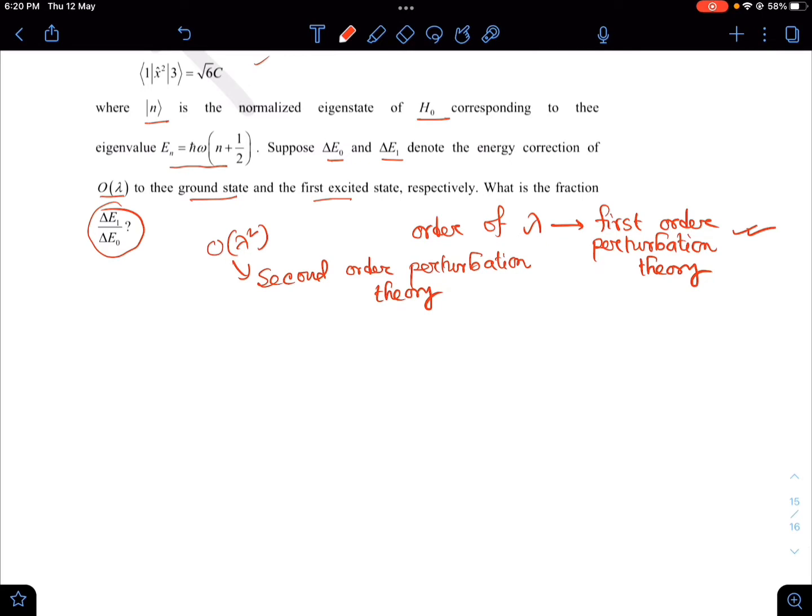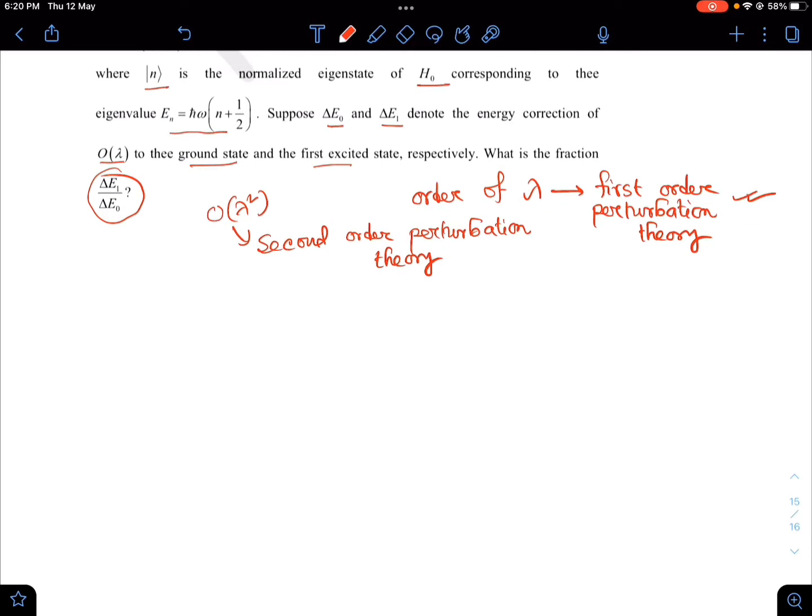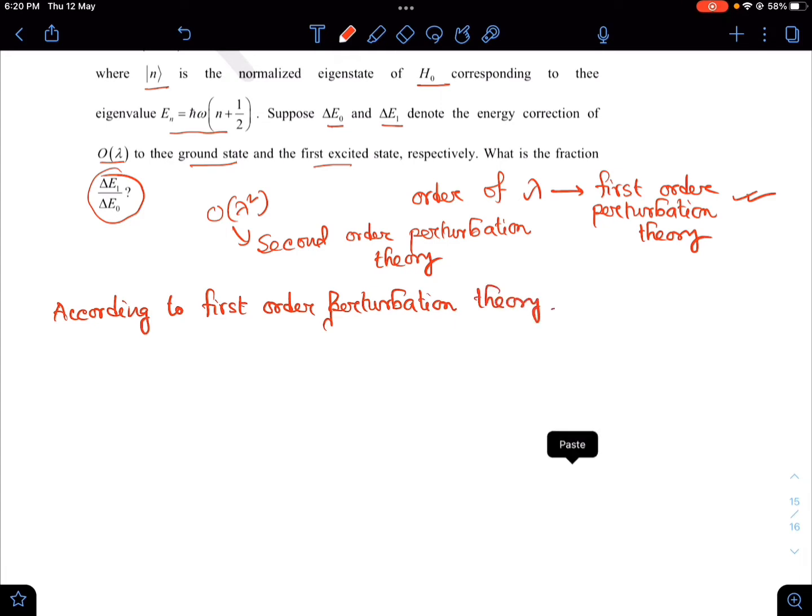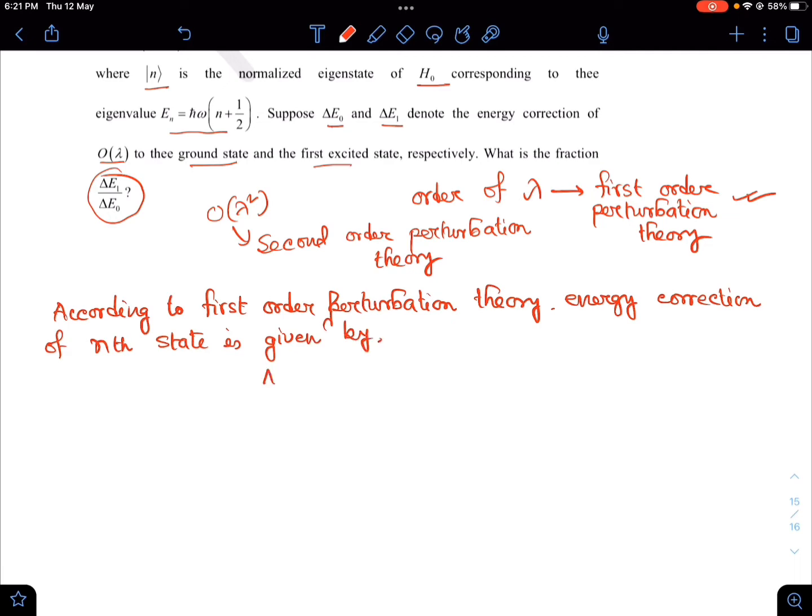Now, according to the first order perturbation theory, the energy correction of the nth state is given by this formula.